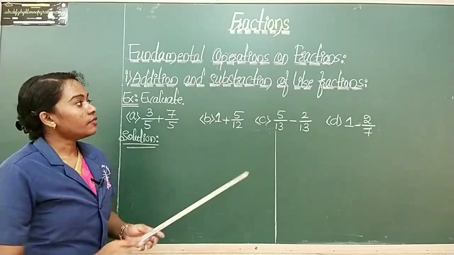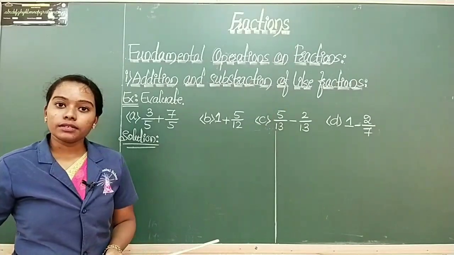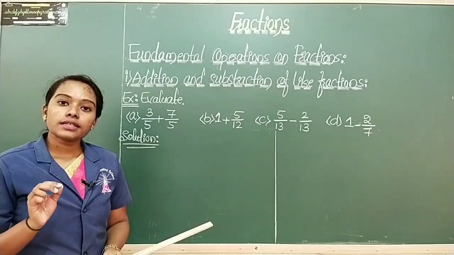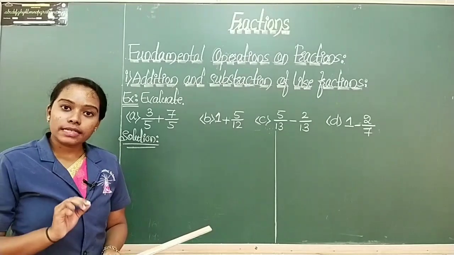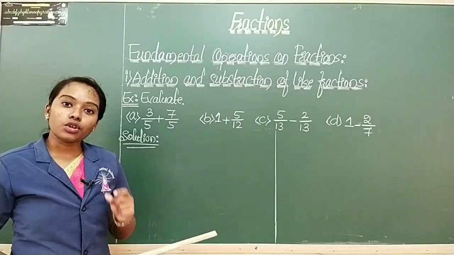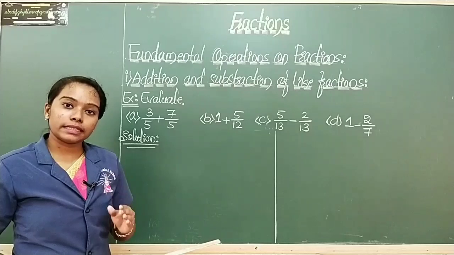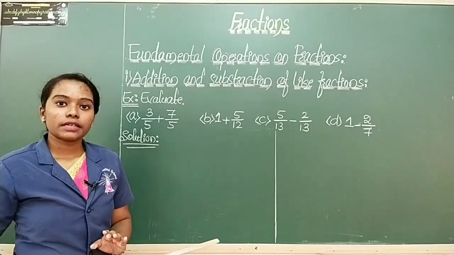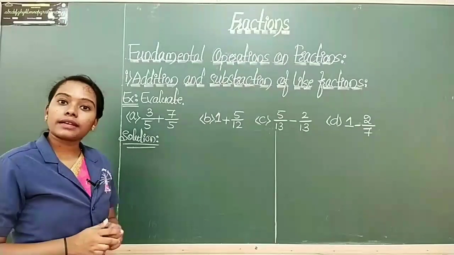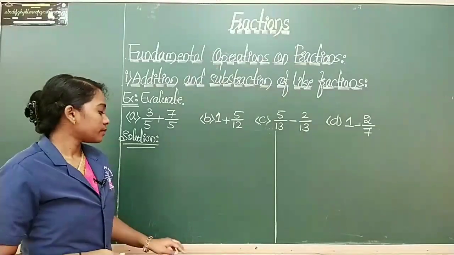See here, if like fractions are given, to add or subtract, you just have to add or subtract their numerators, and the denominator you have to write as it is. Let's solve some examples to understand the concept clearly.